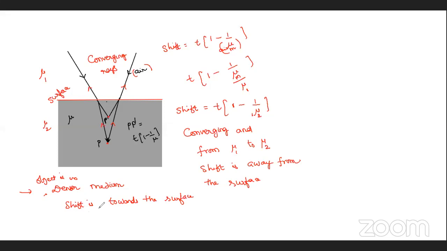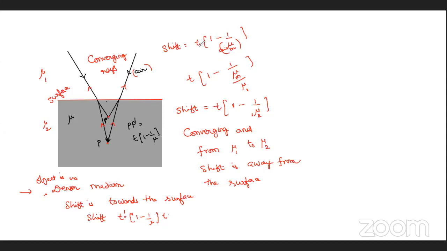Yes. So shift is towards the surface, and that shift is T dash equals T into 1 minus 1 by mu. This was the concept we discussed yesterday, Nana. There I am giving more clarity on what the shift is.